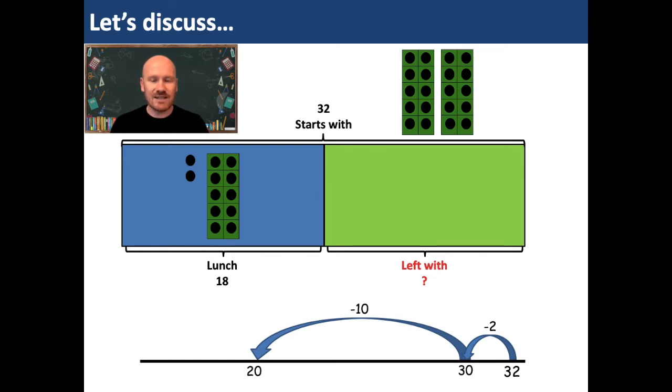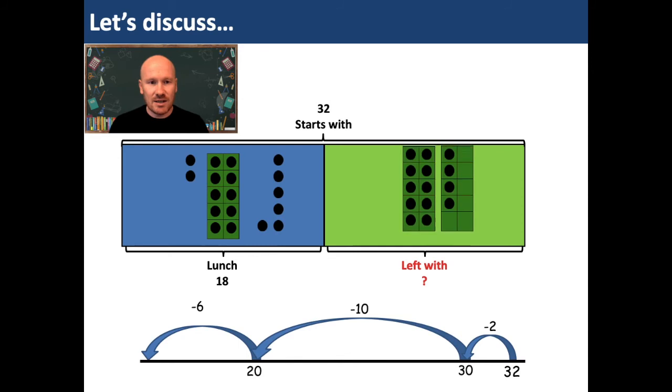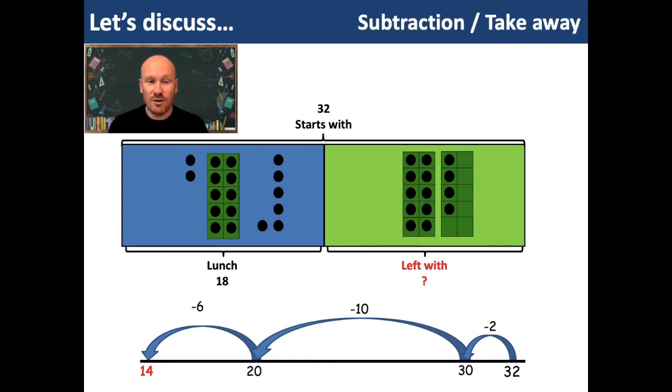I need 6 more. So I'm going to take 6 of those counters, and I've left myself with 14. So you can see there, his lunch is 18, and I've got 14 remaining once I take that away. And that strategy is called subtraction or takeaway.